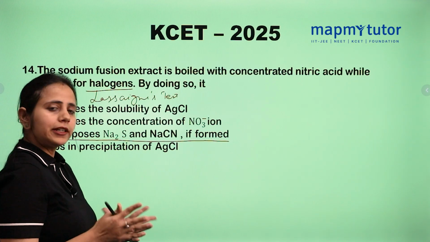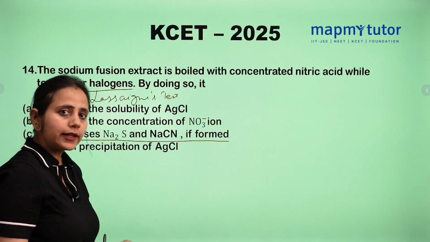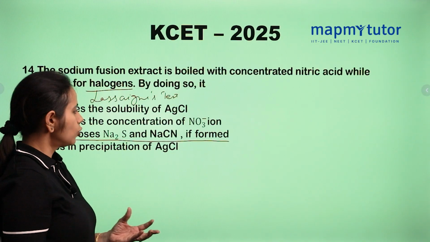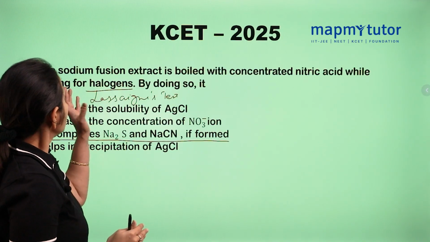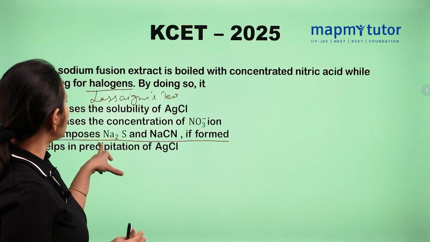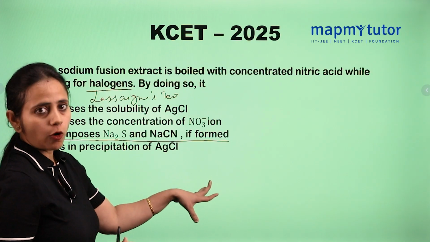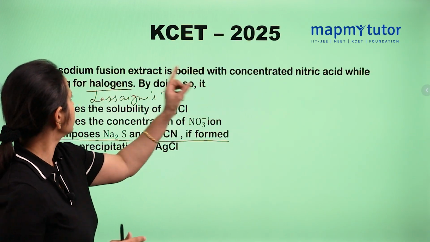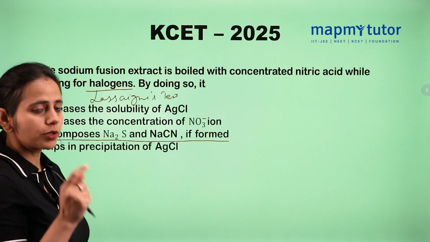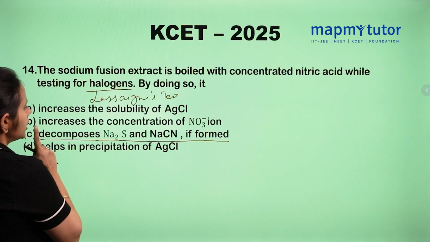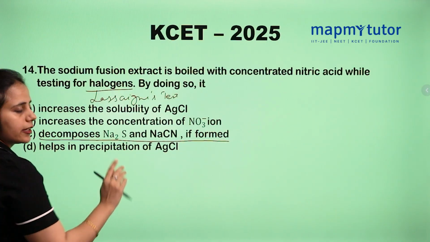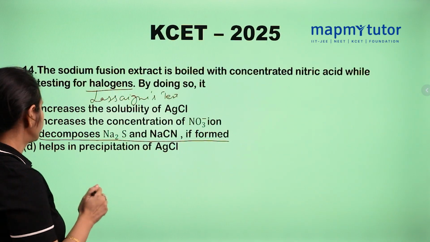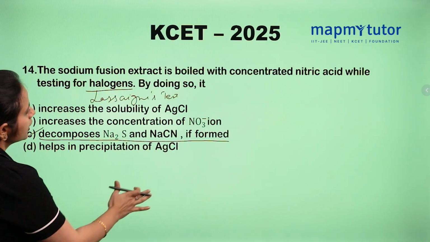So it will interfere in the detection of halogen, and we might get confused. So for ruling out, we decompose Na2S and NaCN if formed by boiling nitric acid with sodium fusion extract. So remember, it decomposes Na2S and NaCN if formed in the Lassaigne test. So C is the right answer.